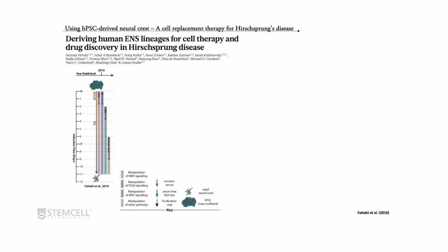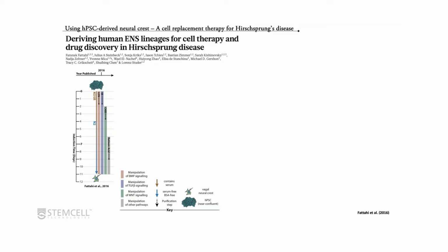So the second case study I'd like to discuss was also published in 2016 by the Studer Lab. And in this work, first author Faranak Fattahi describes the generation of vagal neural crest by applying retinoic acid to an otherwise cranial neural crest induction protocol in the manner that I described earlier in the talk.